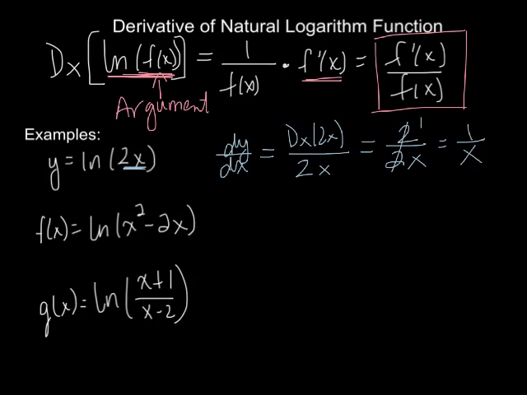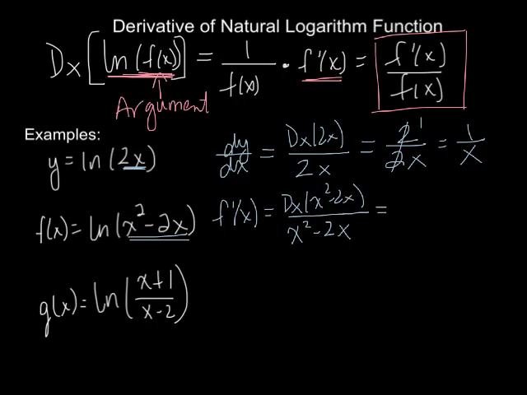All right, let's try the next one here. The ln of x squared minus 2x. So again, the derivative of the logarithm function is always a ratio, a quotient, and in the denominator you always put the argument, the inside function of our composition of functions, and in the numerator goes the derivative of our inside function.